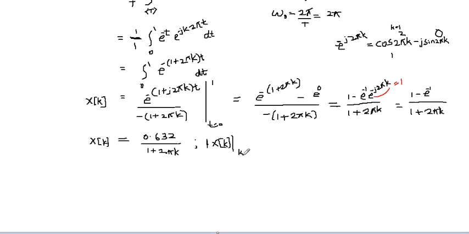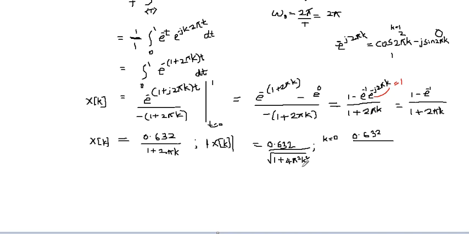When k is equal to 0, if I put k as 0, this equation becomes 0.632 divided by 1 plus 0.